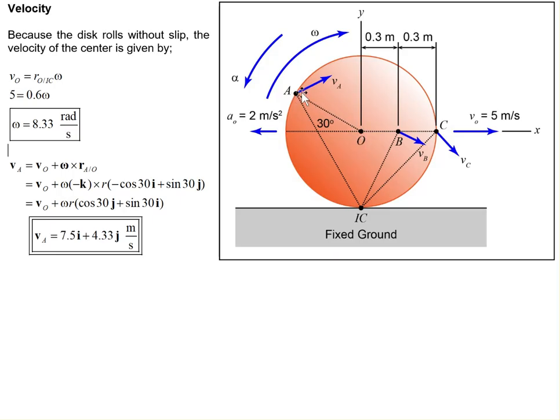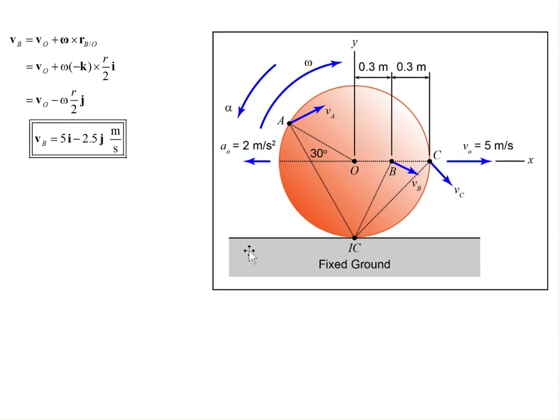All right, so O to A. We're going to do VO plus omega cross R A relative to O. Okay, so VO, omega, we're assuming to be clockwise, so that's negative K. And then R we will break down into the X and Y components, so cosine minus I, sine positive J. And then we take the cross product, so minus K cross minus I is J, minus K cross J is I. All right, we plug in what we know and we get the velocity of A.